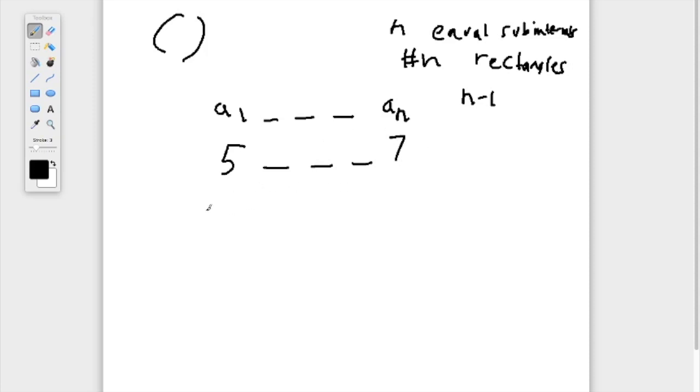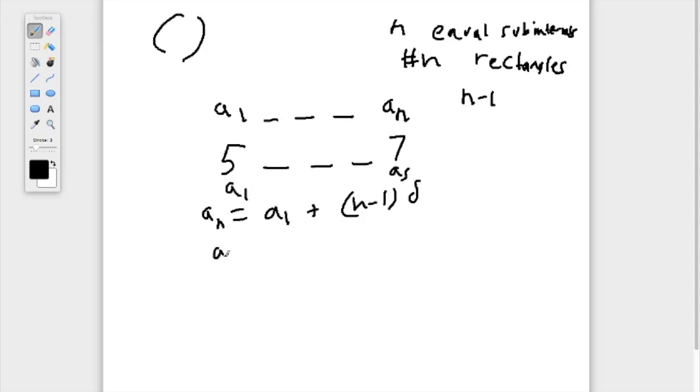If you recall from sequences and series, this is the explicit formula for arithmetic sequences: a of n equals a of 1 plus n minus 1 times d. And we're just trying to find d here. There are 5 terms here.